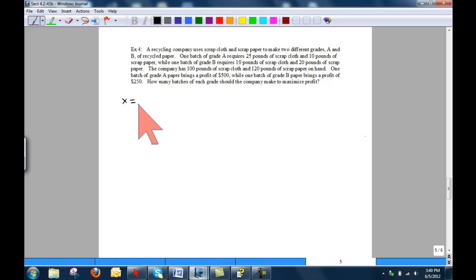I'm going to go directly to the linear programming problem without making the resource table like we did in the previous examples. Let X be the number of batches of grade A paper, and Y be the number of batches of grade B paper.